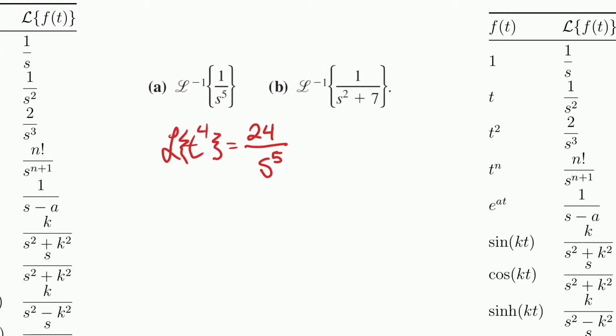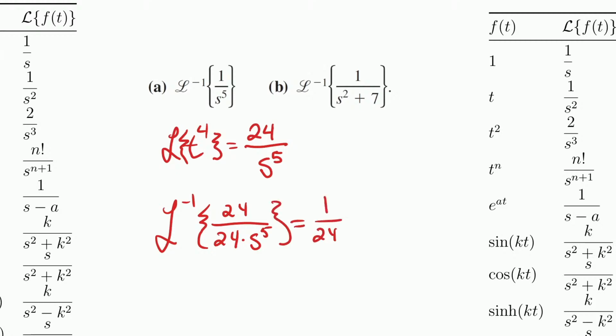That's not exactly that. I think you know how we're going to fix this. Instead of doing this, I'll do this: the inverse Laplace transform of 24 over 24 times s to the 5th, which is the same as 1/24th times the inverse Laplace transform of 24 over s to the 5th.